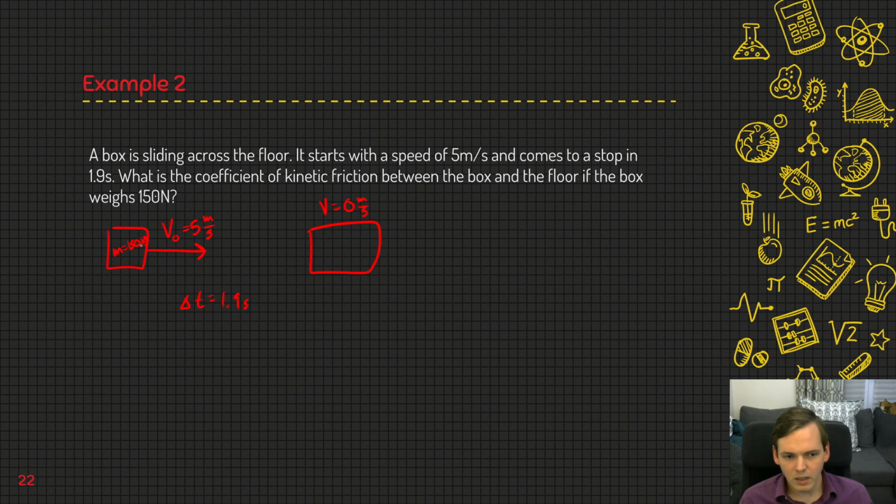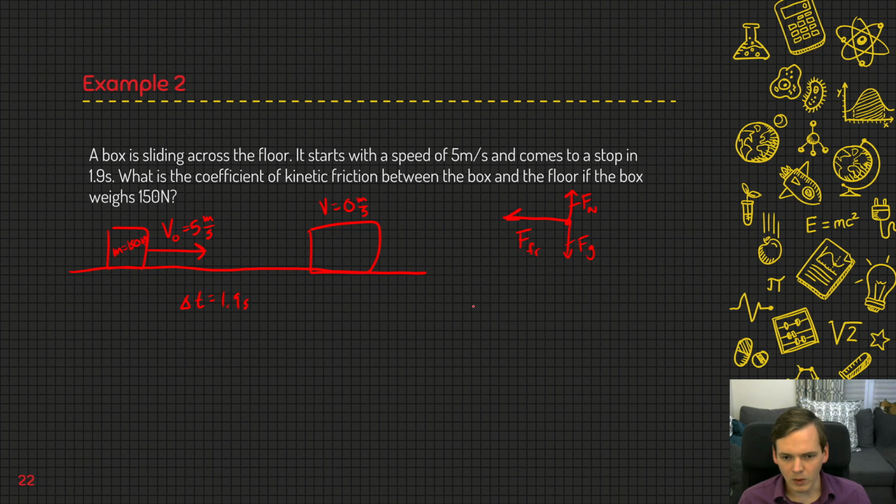Well, we know that as this is traveling, the only thing acting on it horizontally is the force of friction. Then we've got the force of gravity pulling it down and the normal force pushing it up. Those two have to be equal because the box is staying on the ground, right? It's not going up into the air or falling through the floor.